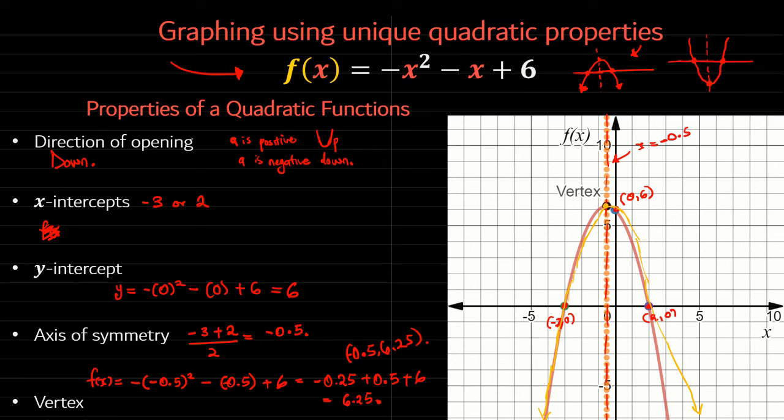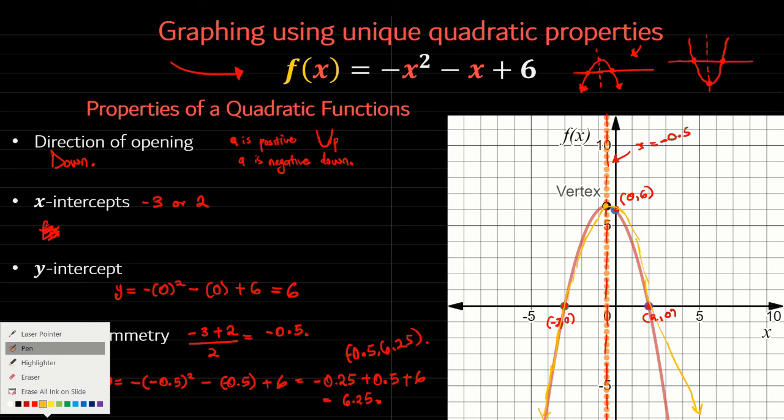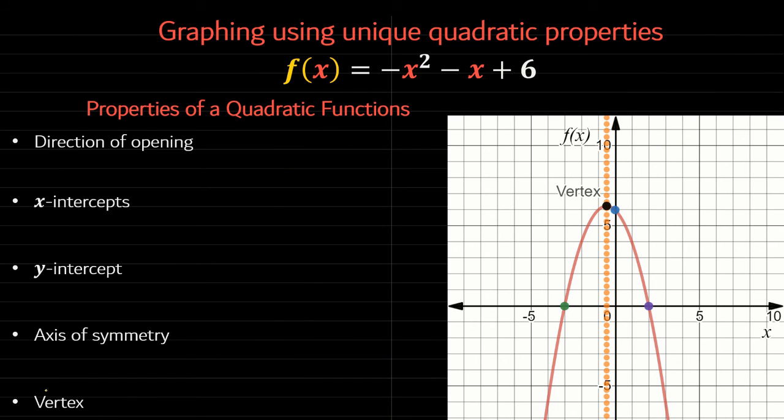Okay, so I'm going to clear all of this and just quickly explain. We already have the solution, so I'm just going to explain. Direction of opening was down. How do we know it was down? Because A was negative. It means our graph looks like this. We said if A is positive, our graph is going to be facing up.